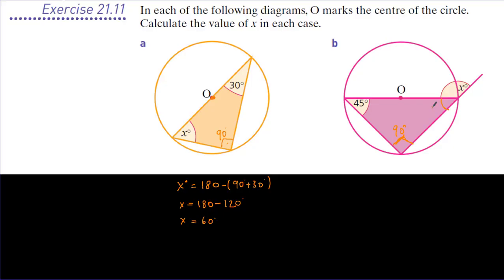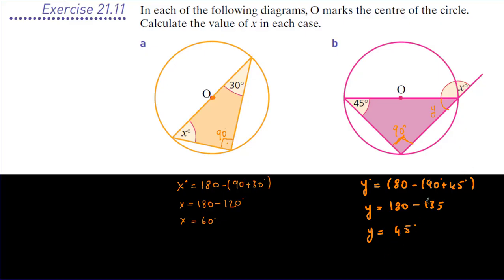If we name this angle y, then y is equal to 180 minus (90 plus 45), from the sum of interior angles of the triangle, you know that one. Then y is equal to 180 minus 135, then y is equal to 45.